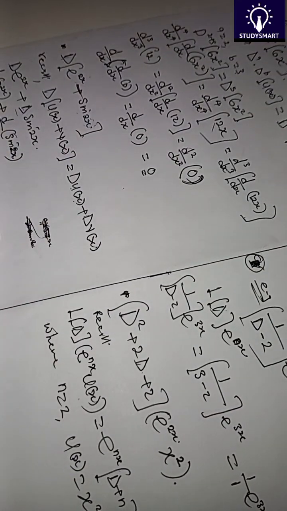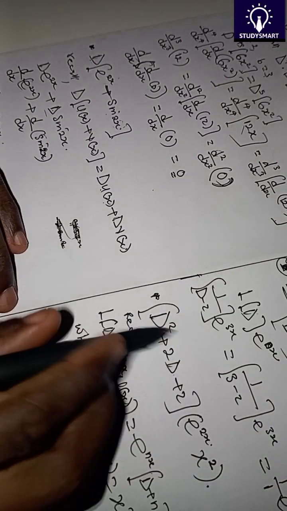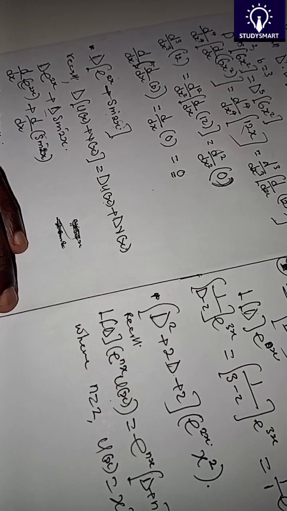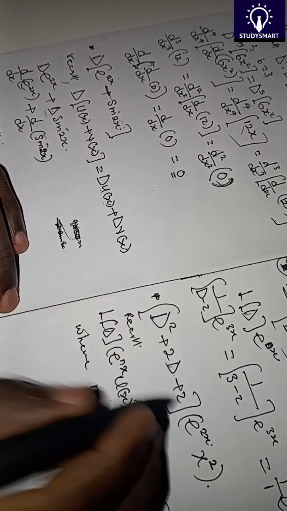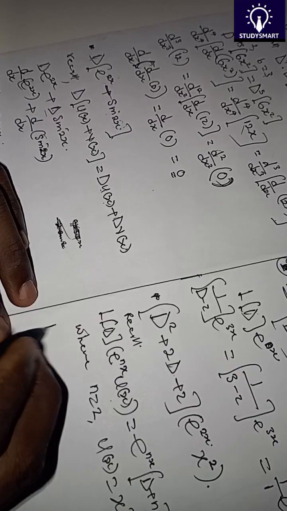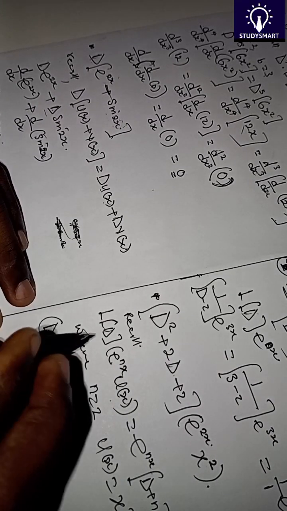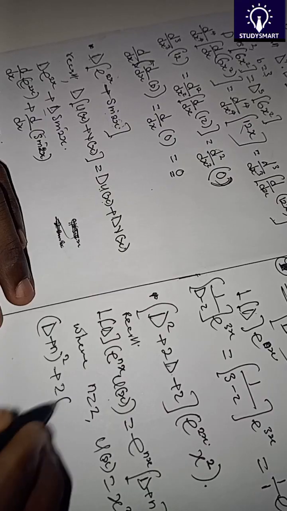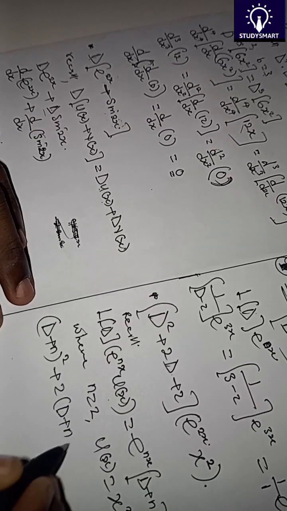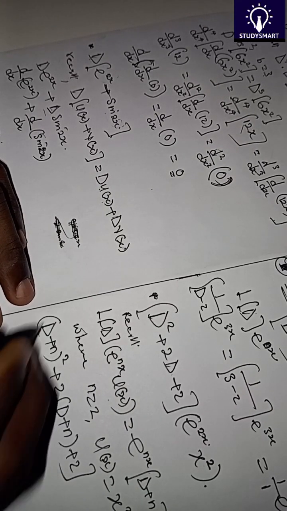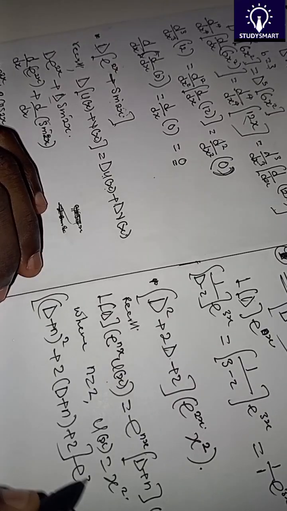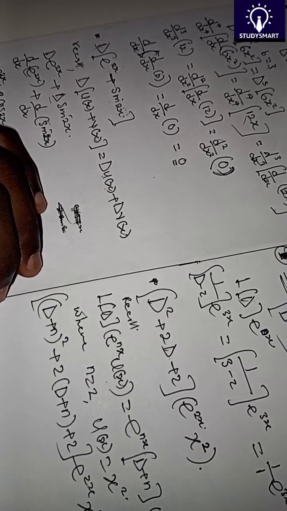So if I do so, my d squared here becomes d plus n squared, plus 2 into d plus n, plus 2. I still have my exponential 2x, then x squared.